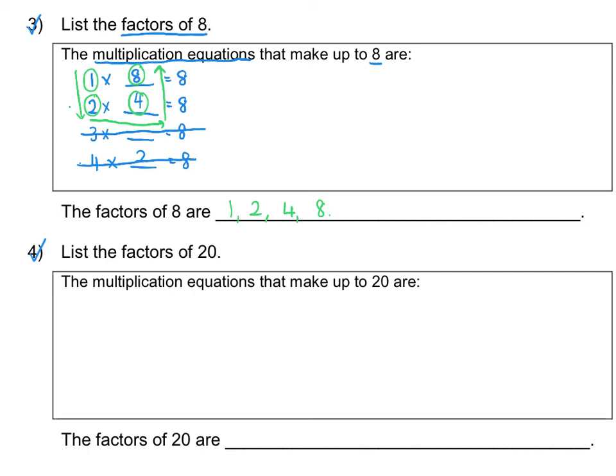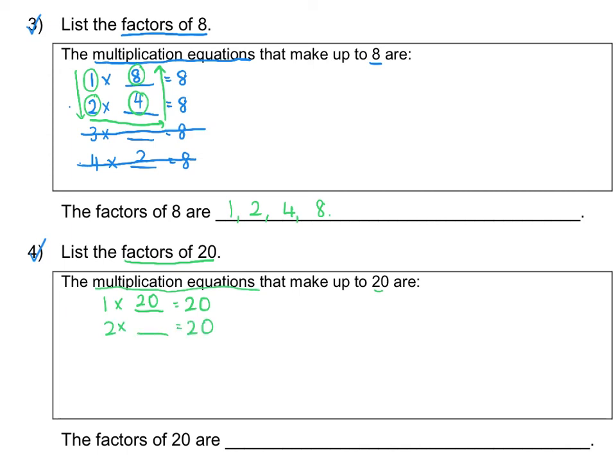List the factors of 20. Same thing. A very big clue has been given to you. That is to list the multiplication equations that make up to 20. So let's do it. 1 times what gives 20? Very straightforward. 20. 2 times what gives 20?